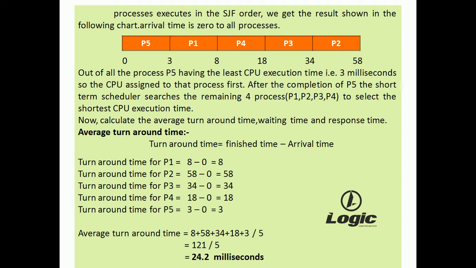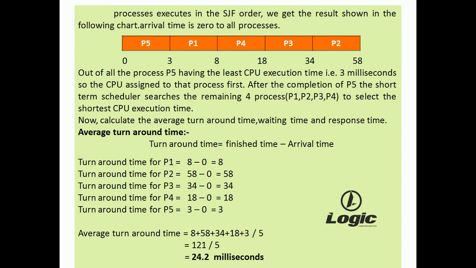After the completion of P5, the short-term scheduler searches the remaining 4 processes, that is P1, P2, P3 and P4, to select the shortest CPU execution time, finds process P1, and the CPU is assigned to that process.